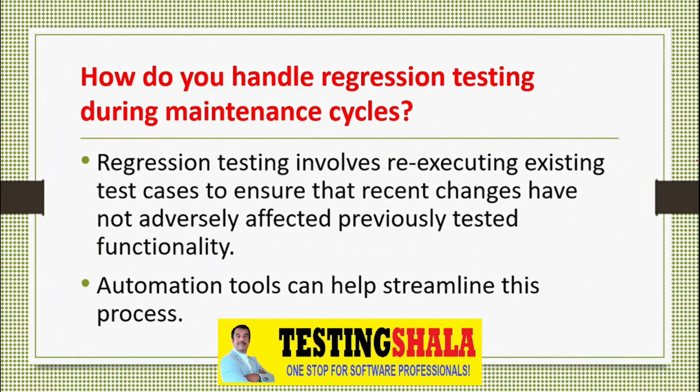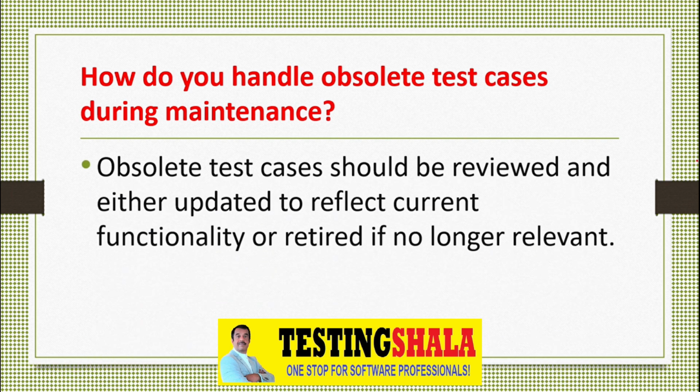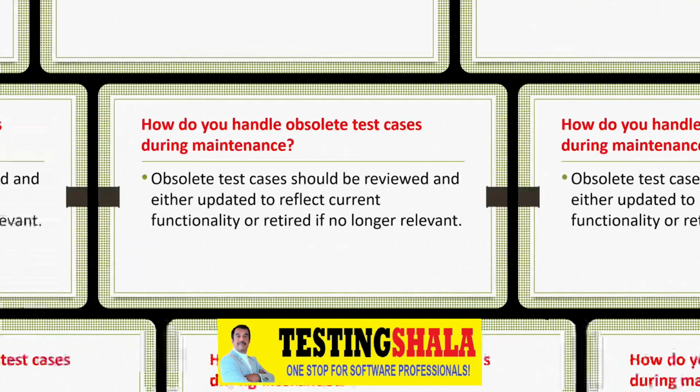And how do you handle obsolete test cases during maintenance? Obsolete test cases should be reviewed, and we either update them to reflect the current functionality, or we discard or retire those test cases if they are no longer relevant.